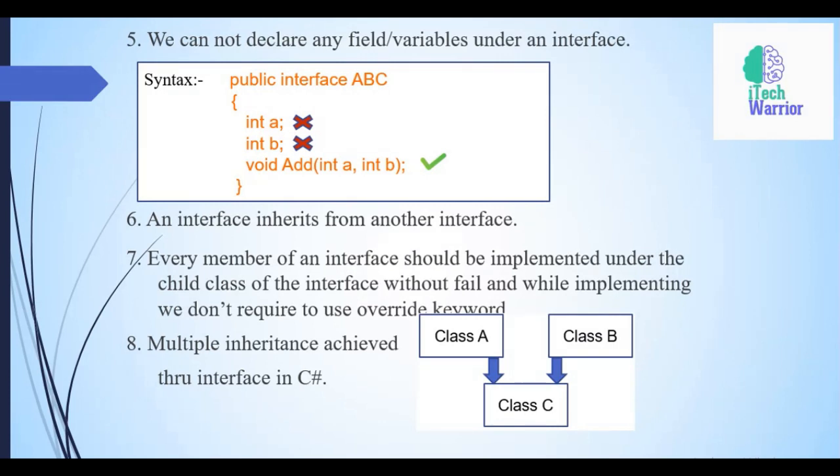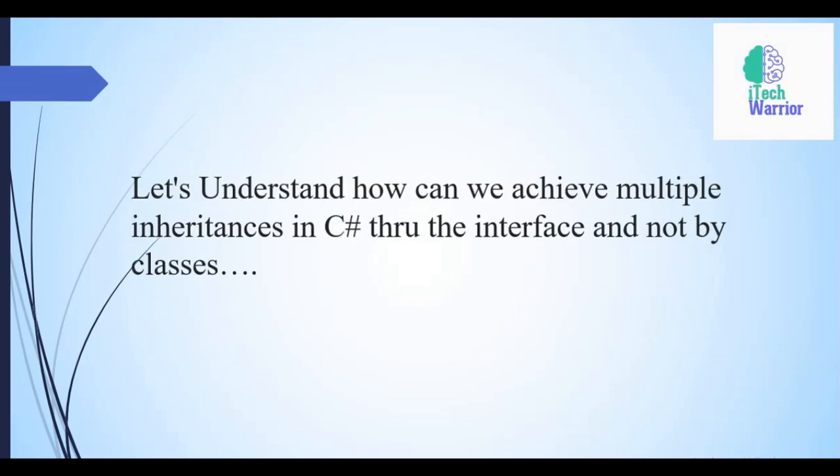So the seventh point is this, and the eighth point is multiple inheritance is achieved through interface in C#. Yes, this concept is achieved by interface.